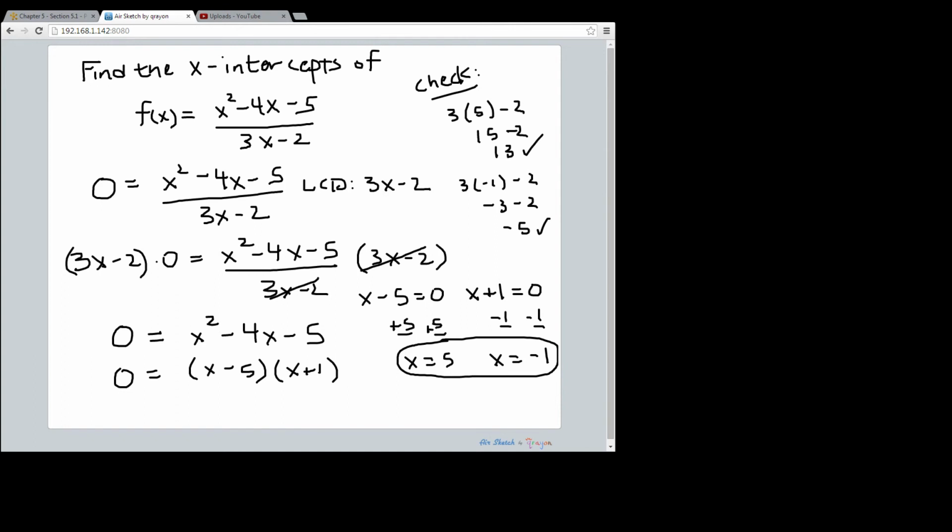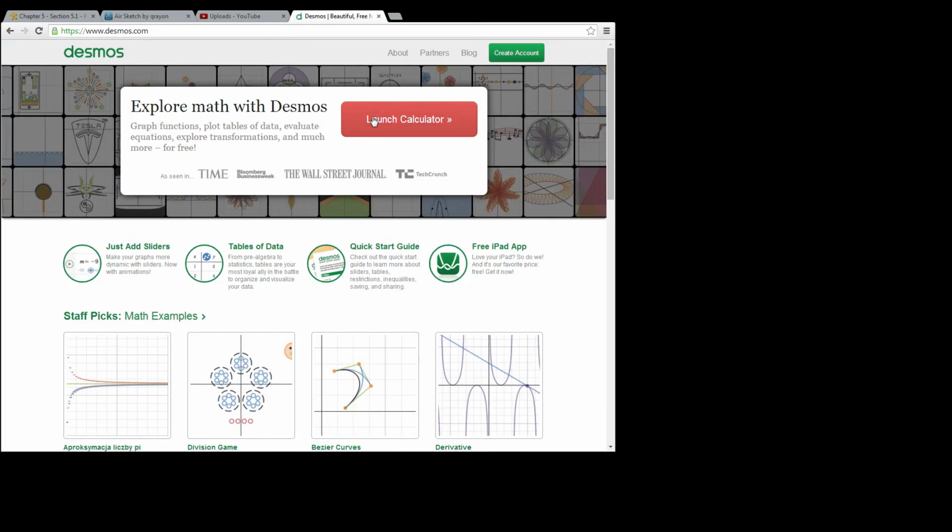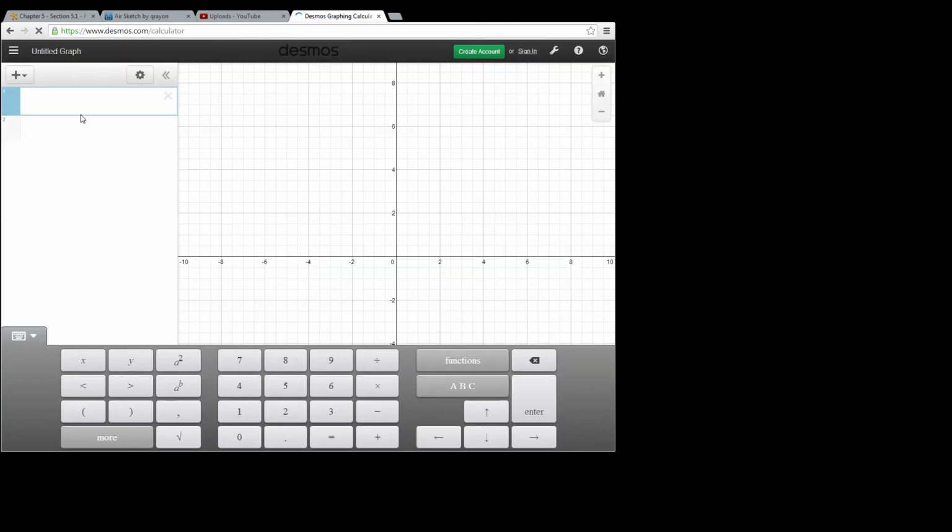And just taking a look, if I graph this out, a good site to do that is desmos.com. It's free, and you can just type your expression in here, f of x equals x squared minus 4x minus 5 divided by 3x minus 2.